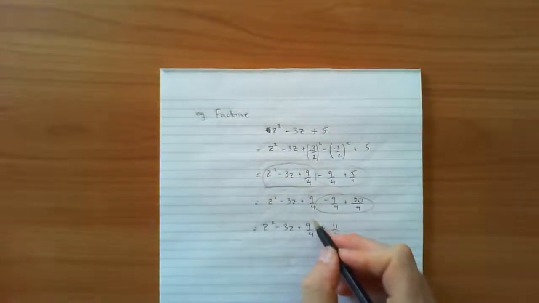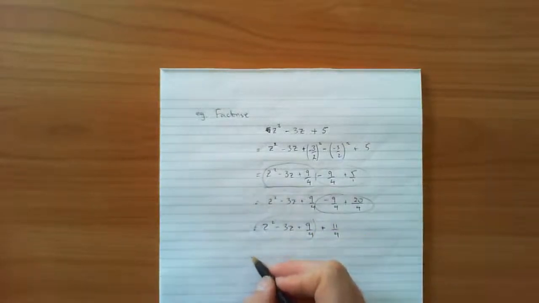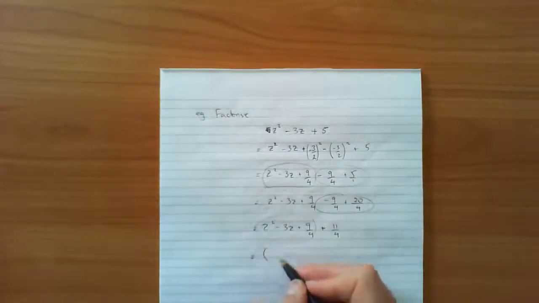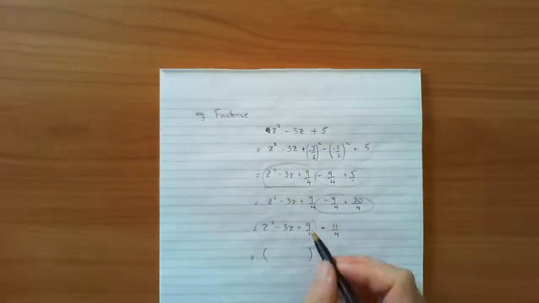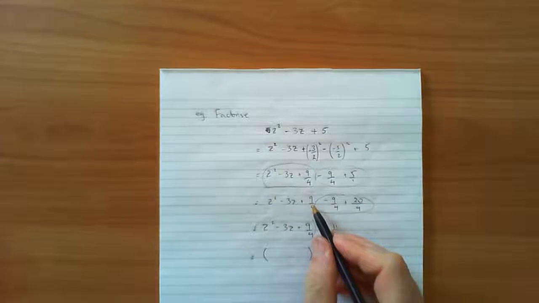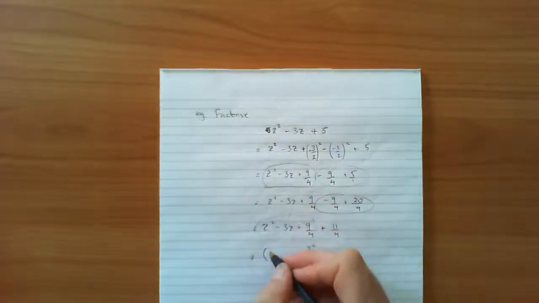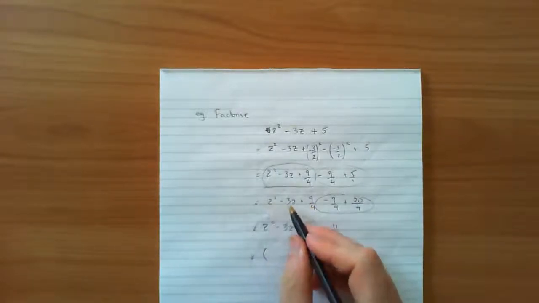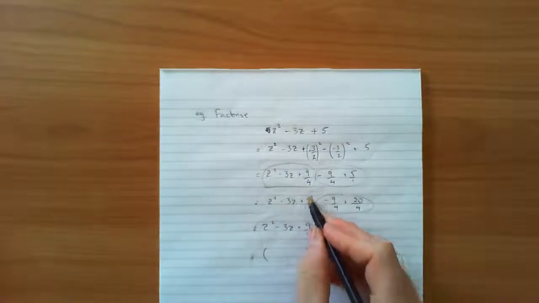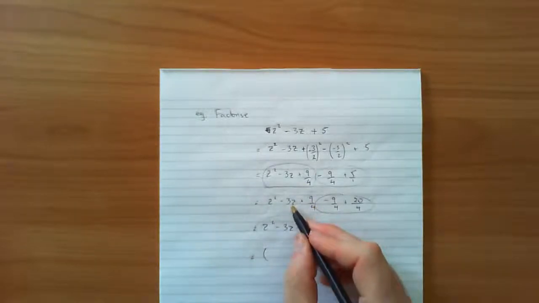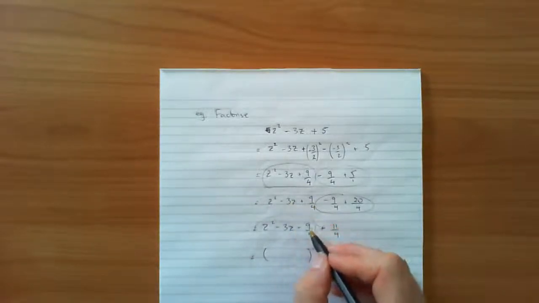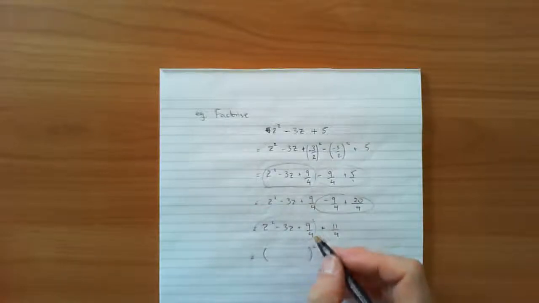Now this bit, I could have done it earlier up, but this bit is going to become a perfect square. It always will, because you've got your z squared term, your z term, and your constant term here you got by halving and squaring this, which is what always gives you your constant term.